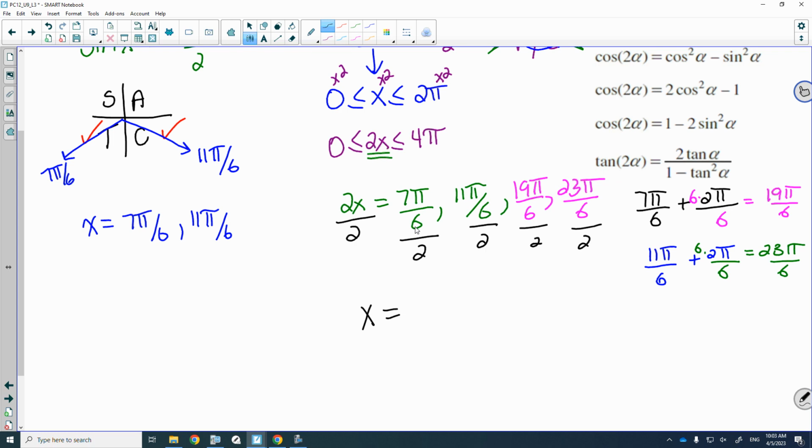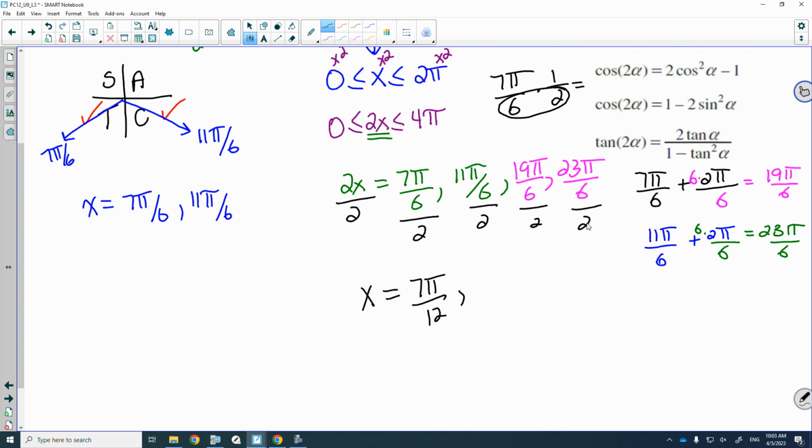So think about it, it would be 7 pi over 12. So the first solution would be 7 pi over 12. This one would be 11 pi over 12, 19 pi over 12, and 23 pi over 12.